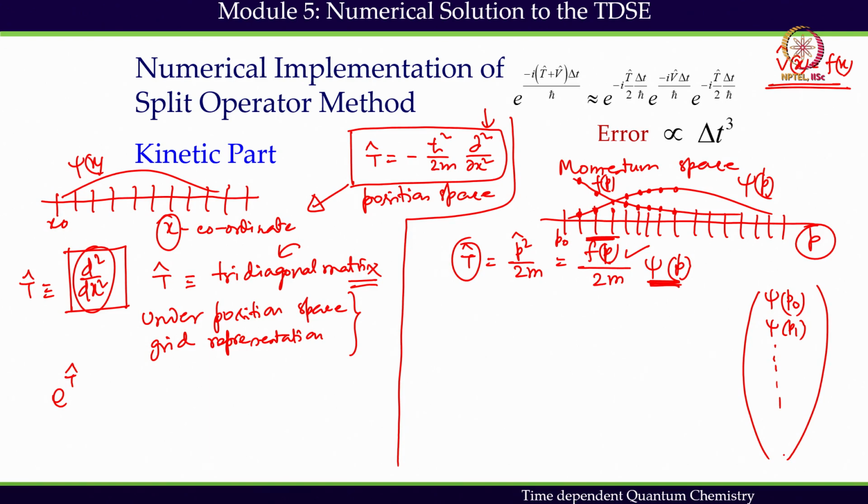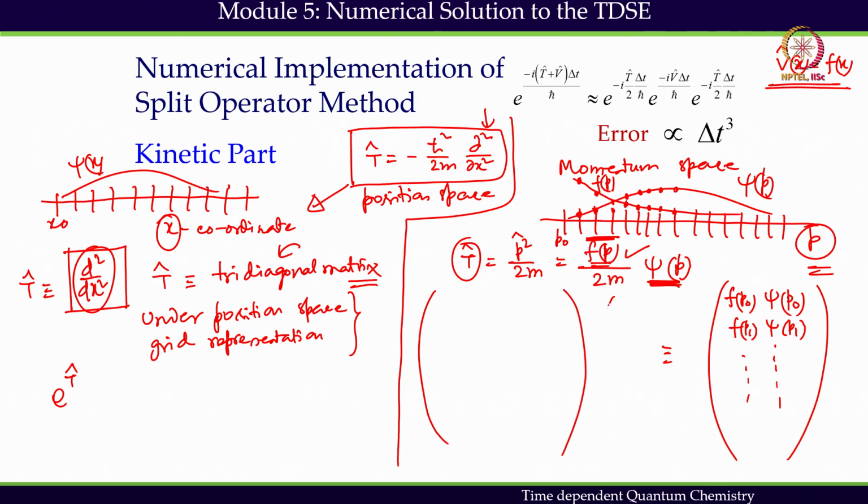This is a column matrix again in the momentum space, and then this is nothing but a multiplication. So if it is multiplication, then finally I get this value, which I will call fp0, then fp1 like this. It's just multiplication, and if it is multiplication, then the matrix form would be like this.